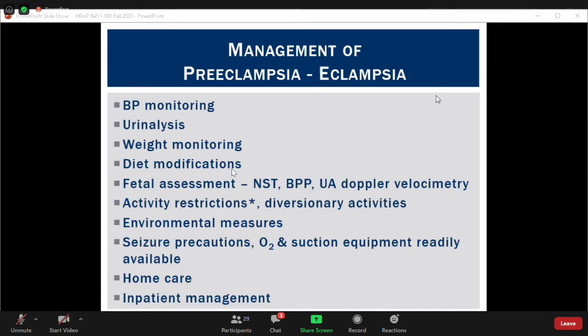Hematuria? So you're more than likely not going to see blood in the urine with preeclampsia. You will see protein. You might see a small amount of glucose just because that goes along with the pregnancy.